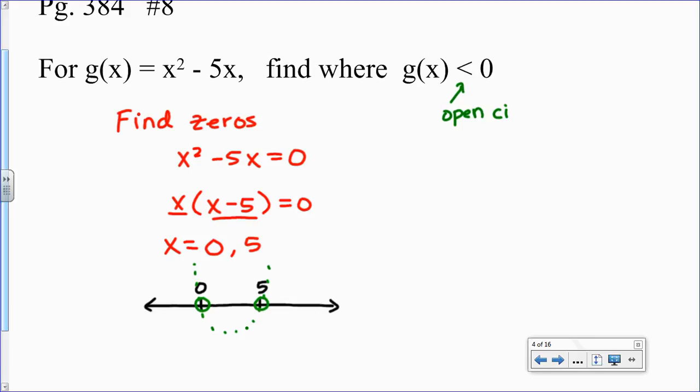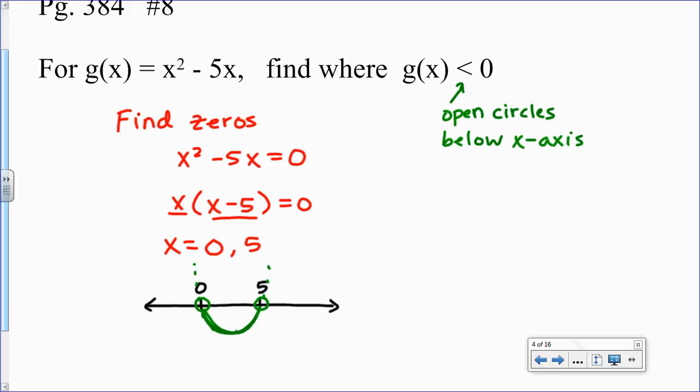Okay. So I want the part that's less than 0, so I want below the x-axis. So the part that's below is right here.